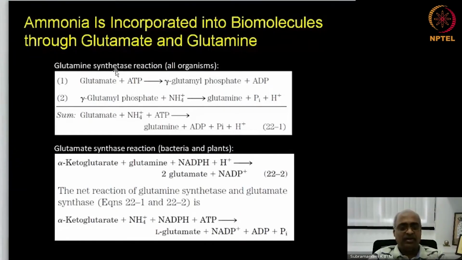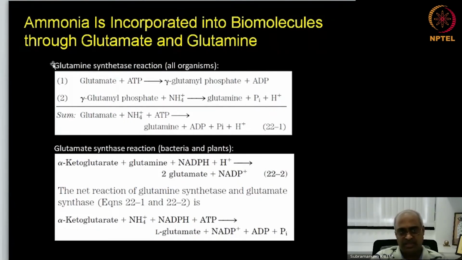And that ammonia in different tissues or organs of our body is converted into glutamine by this very same glutamine synthetase. And that glutamine is transported via blood to liver, and in liver the ammonia is released for other reactions, which we will discuss later, probably in tomorrow or day after tomorrow's class. So therefore, this enzyme is an important enzyme.